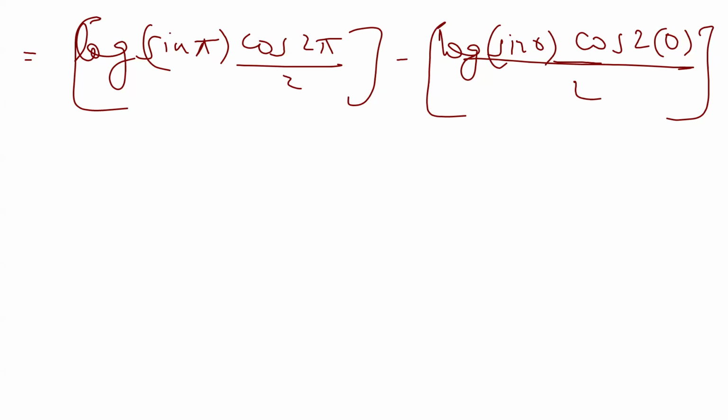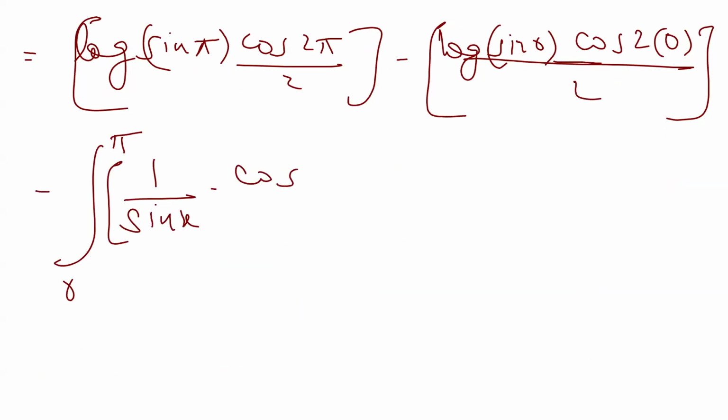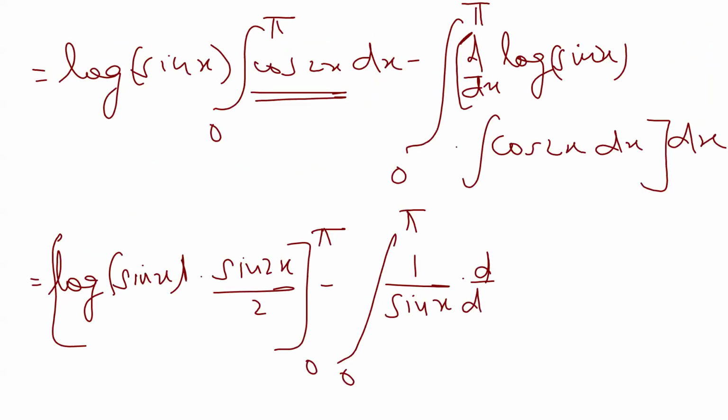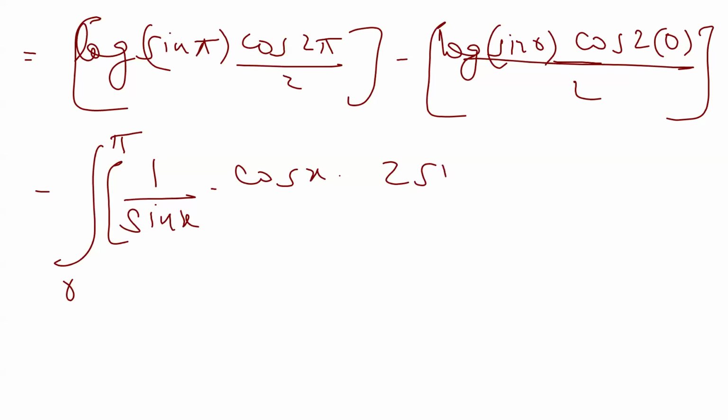Fine. Minus bigger integral 0 to pi, 1 upon sin x, the derivative of sin x is cos x. Now this sin 2x I'm taking as 2 sin x cos x upon 2.